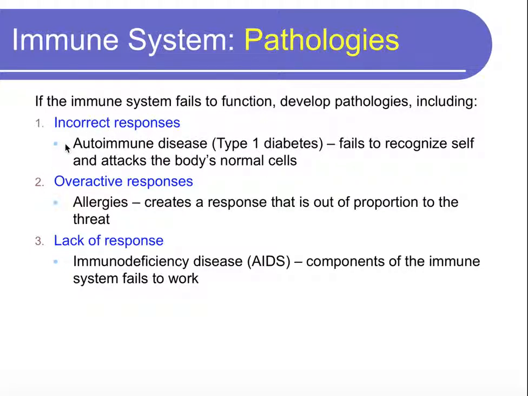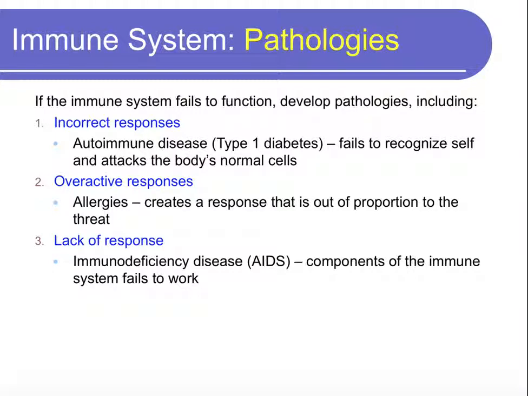So in this instance, it's not recognizing or distinguishing self from non-self cells, and as a result, it's attacking our own cells. Another pathology is an overactive response. So in this case, we have a response that's bigger than necessary. So an allergy is a great example of that. So you get a response, and you do need a response to an allergen, but it's out of proportion to the threat.